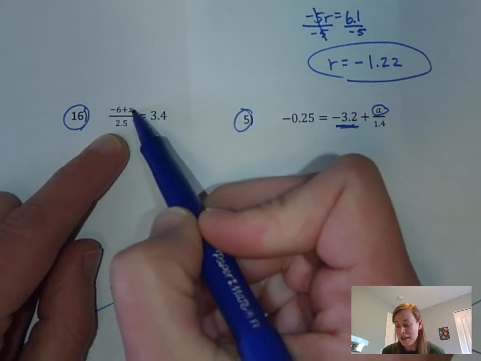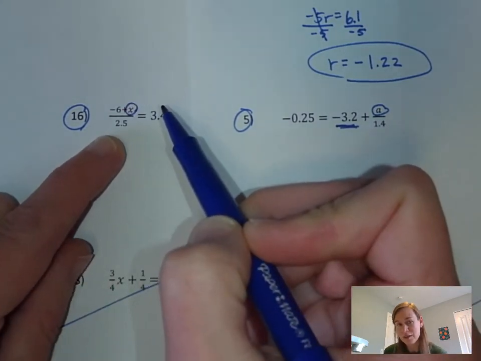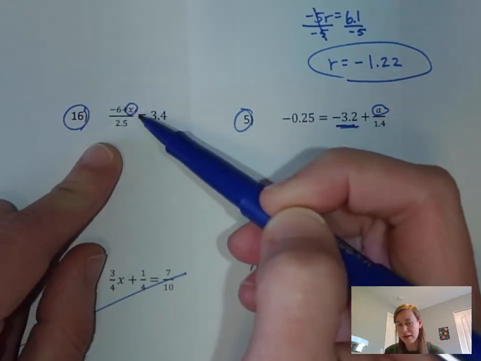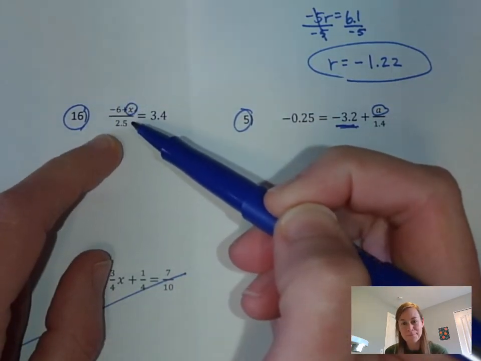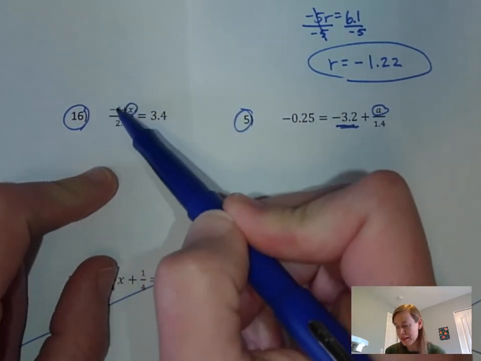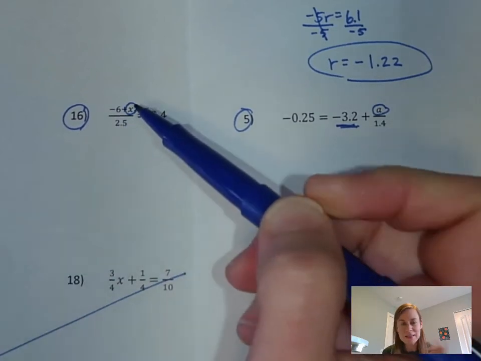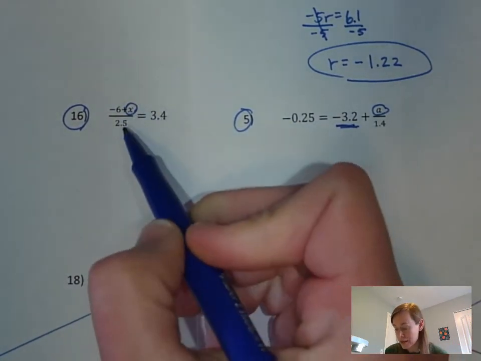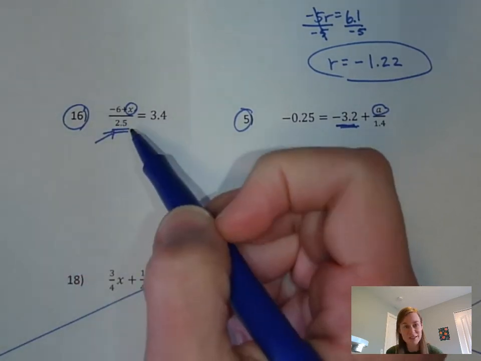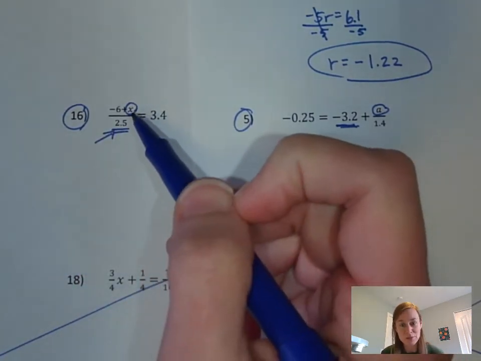So you have to get the x by itself. Which numbers are you going to get rid of first? The negative 6 or the 2.5? In this case, you can't mess with any of these top numbers until it's not a fraction anymore. You need to get rid of the denominator. So the answer is you get rid of that 2.5 first. And you're going to get rid of it by doing the opposite.